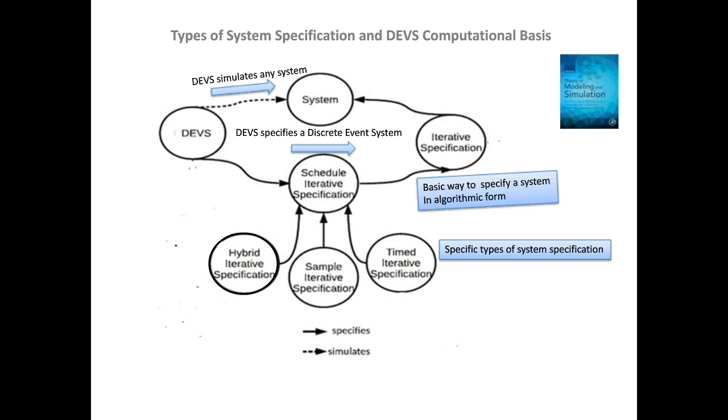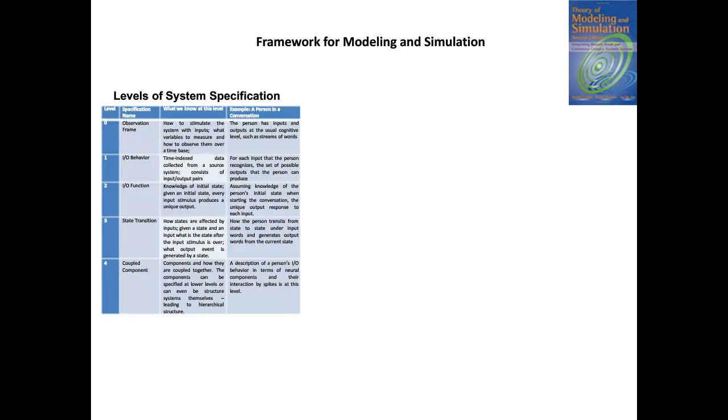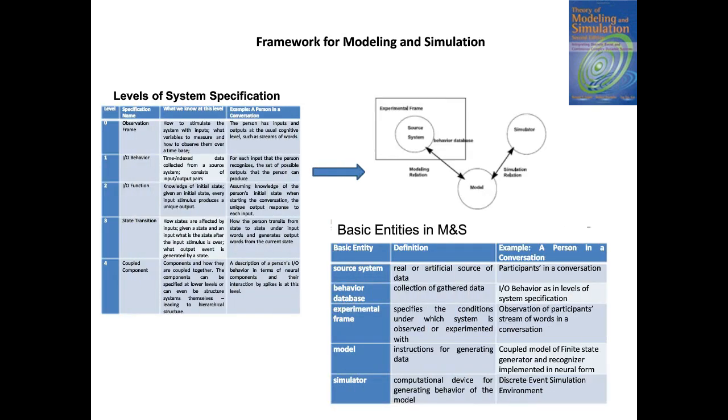So going on to the next slide, which I'm hoping you see, framework for modeling and simulation. There are two kinds of ideas involved. One is levels of system specification, which allows us to describe systems at different levels. The lower level treats the system as a black box, and we know its input and output behavior.